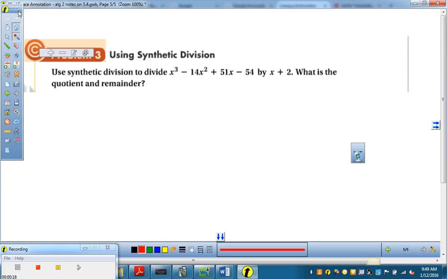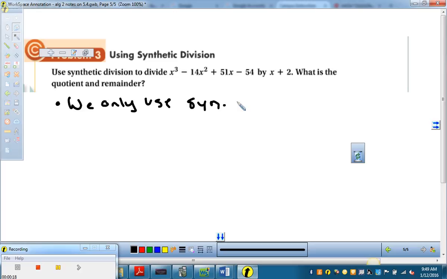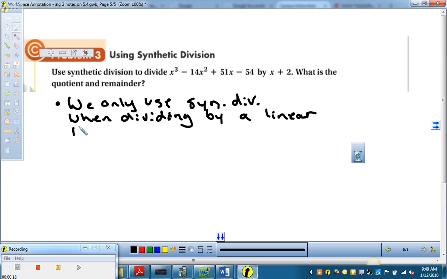Now synthetic division. Okay, so a couple of things we have to note about synthetic division. We only use synthetic division when we're dividing by a linear factor, such as x minus 4 or x plus 5.